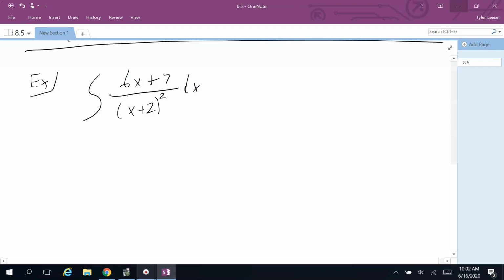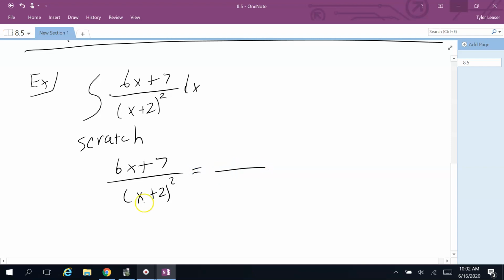So one technique that we can do is, as long as your denominator is somewhat factored, you can try partial fraction decomposition. So I'm going to go over to scratch paper. And let's take that (6x plus 7) all over (x plus 2) all squared. And let's do the partial fraction decomposition.